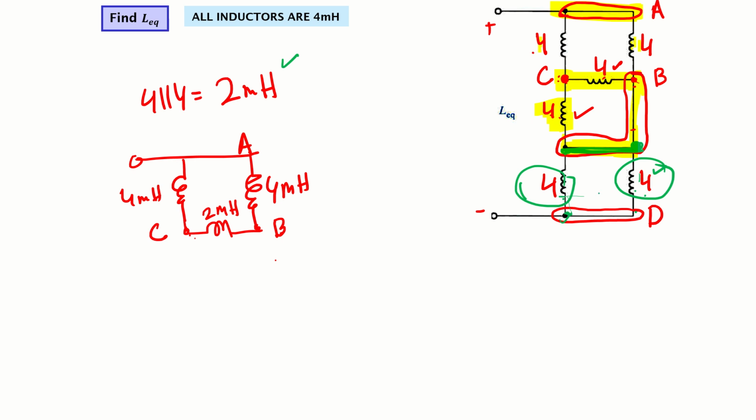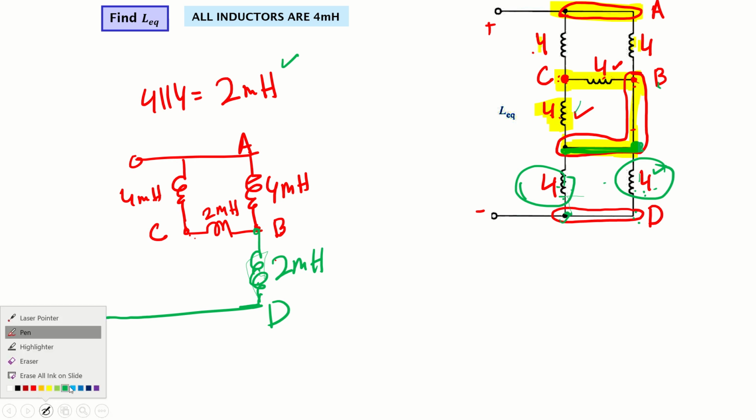This 2 is connected between B and D, so this is my B and that will be my D. This 2 millihenry will come here, because it is connected between B and D. So this circuit can be simplified to this form.